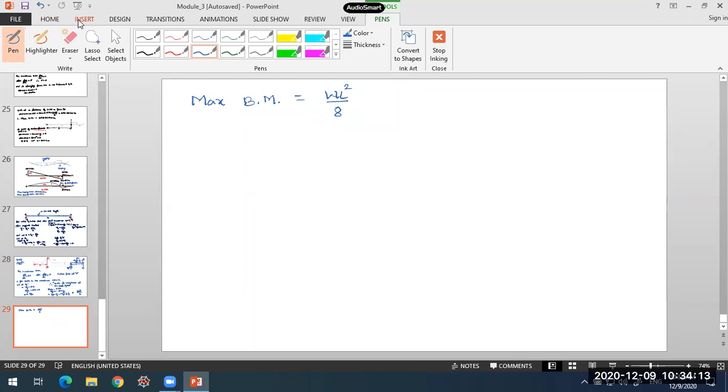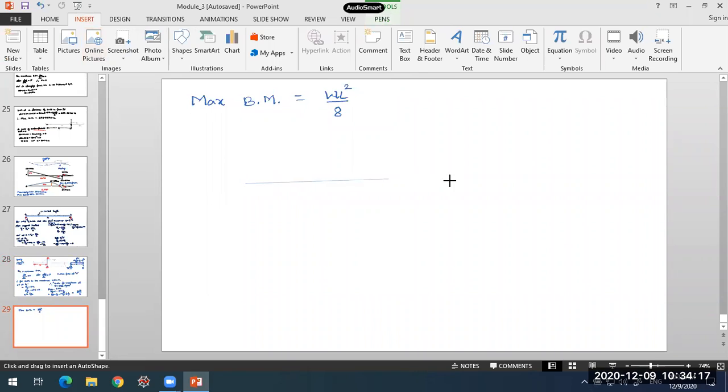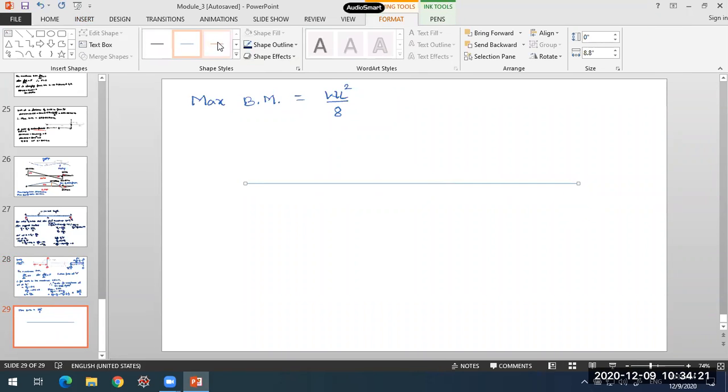How is the variation here? If you look at the variation, we have one diagram for the shear force and one for the bending moment. These two lines are representing our beams. Shear force here at A it is WL by 2, positive. And on the other end at B, it is minus WL by 2.